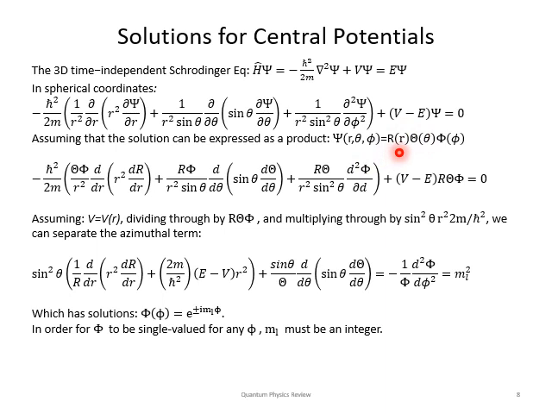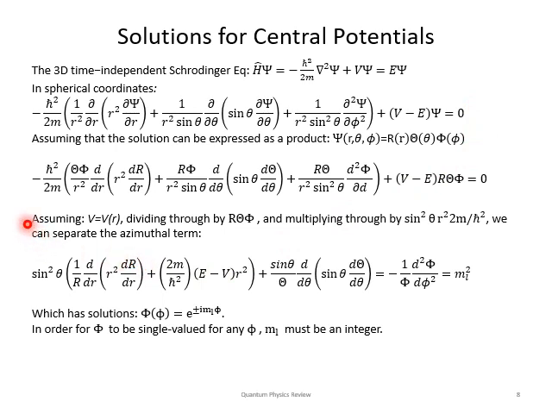R is just a function of radius, theta a function of theta, phi a function only of phi, and plug that in. And so this is just rewriting the Schrodinger equation again. We assume, by the way, that the potential is time independent in writing this.